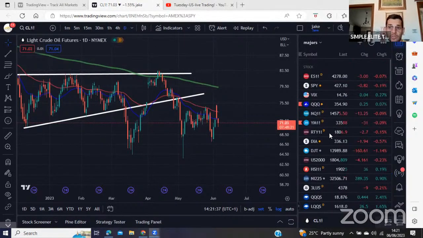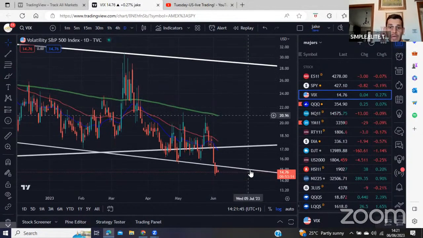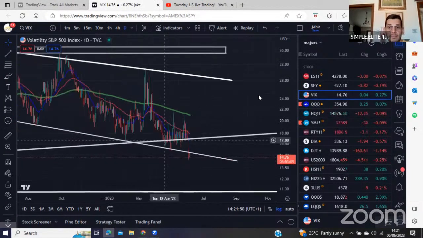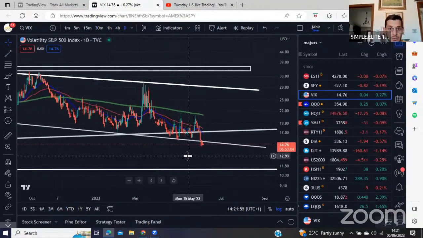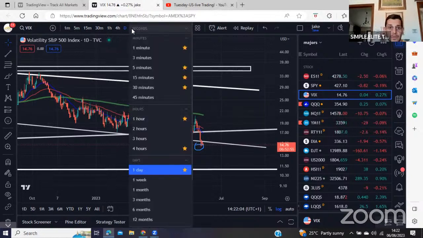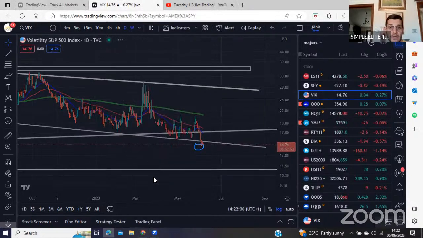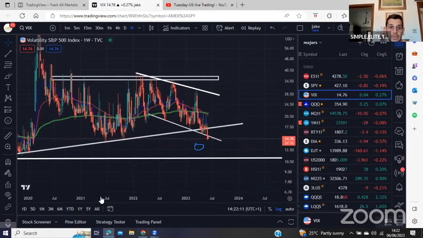To finish, I want to touch base on VIX. This is a major support level. We might see some reversal trade on VIX because it is heading to this very low point, which it hit previously as well. Let's see if it rejects the level.